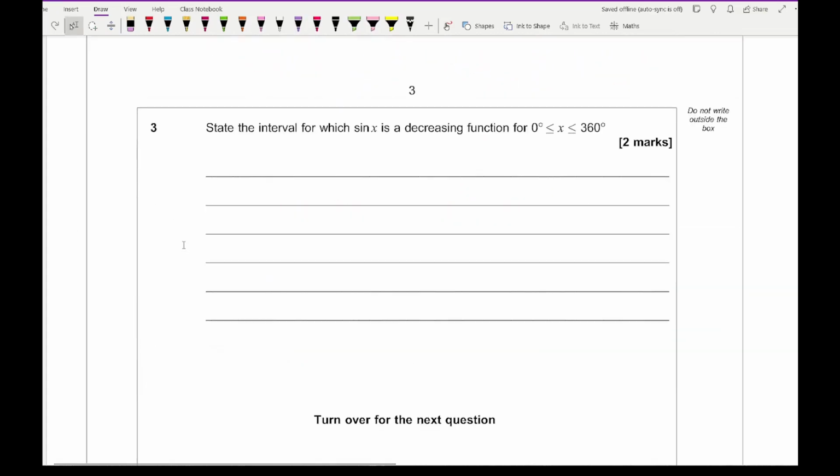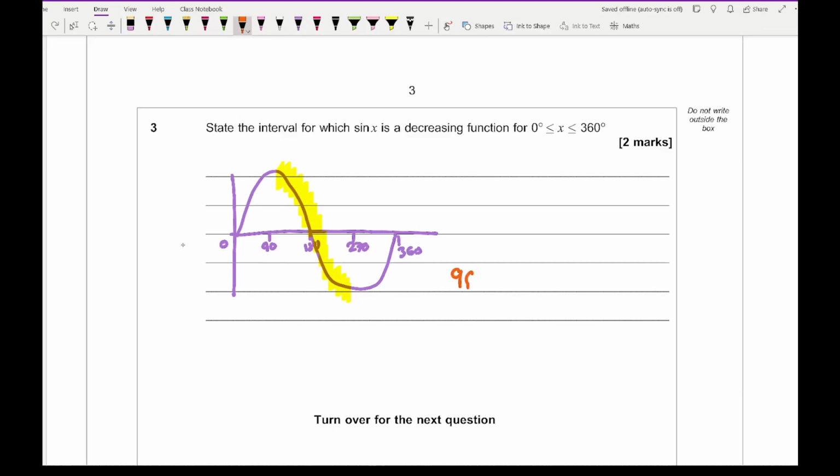Then moving on to question 3, it says state the interval for which sine x is a decreasing function. So if I start by drawing my sine graph, which looks something like this, between 0 and 360, then where this graph has a decreasing gradient is between this region here, and that region there is going to be 90 less than x less than 270.